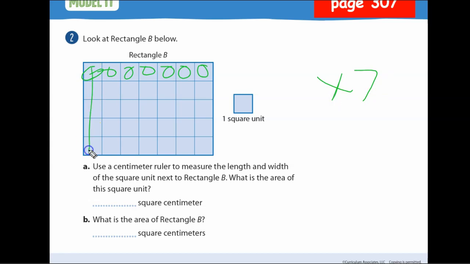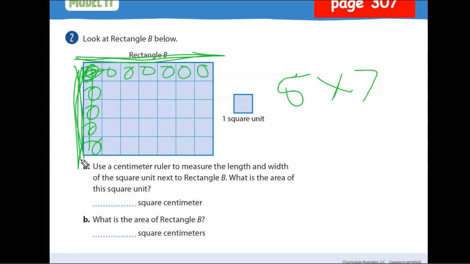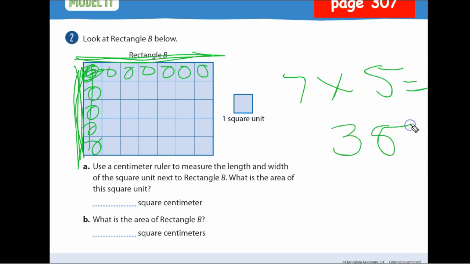And going down, 5. 1, 2, 3, 4, 5. So remember we said that it was length times width, right? So 7 times 5, which is 35. And that's how we got the area. Or I could count all the squares. But sometimes if I have a shape that doesn't have squares inside, then I have to measure the length times the width. Okay, use the formula.